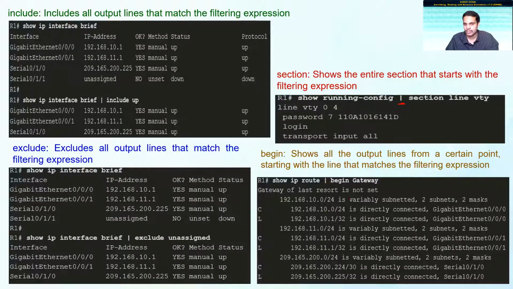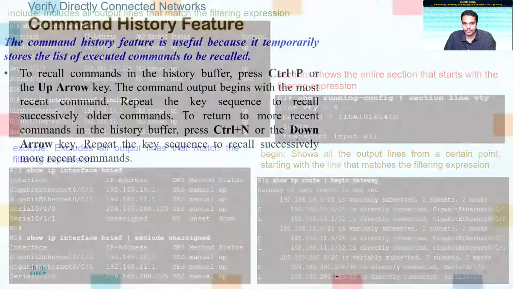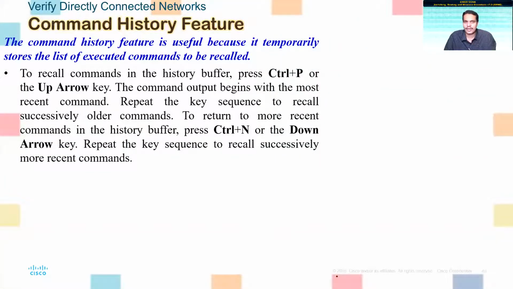So "Gateway of last resort is not set", and from that point onwards all the remaining output is displayed. Filtering increases efficiency if you know what you're doing. If you are trying to find what you really want, you can use these four commands to filter the show command output.